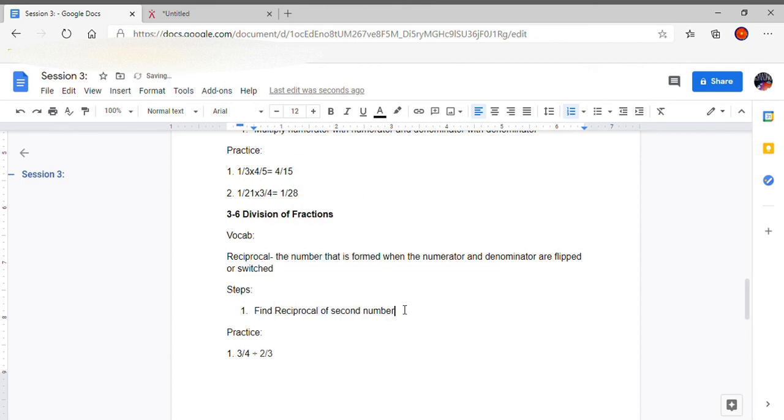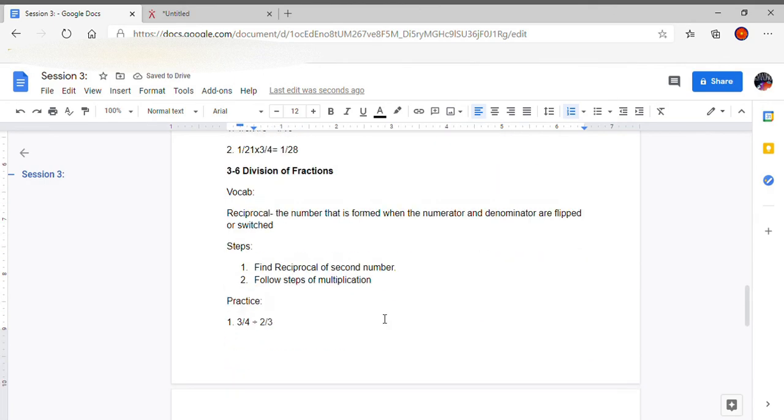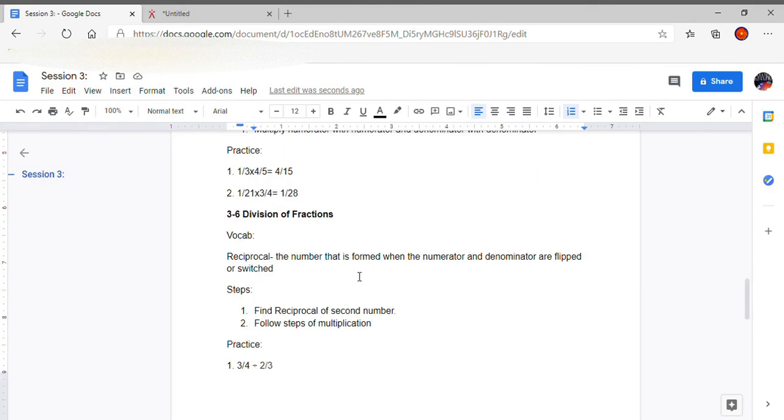Step 2: follow the steps of multiplication. So with this one, you don't actually have to divide anything. Just find the reciprocal of the second number, then follow the multiplication steps.